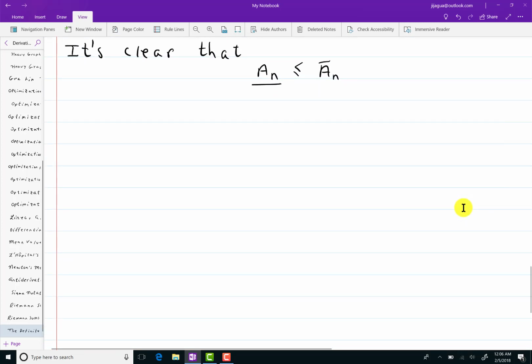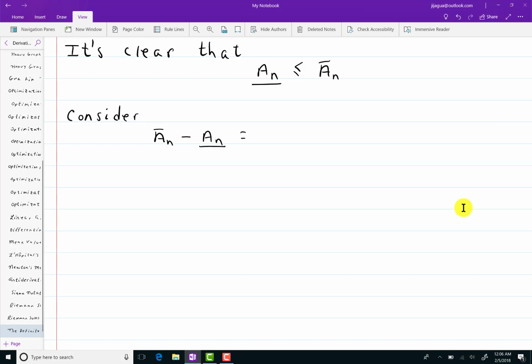Okay, so consider A sub n bar above minus A sub n bar below.